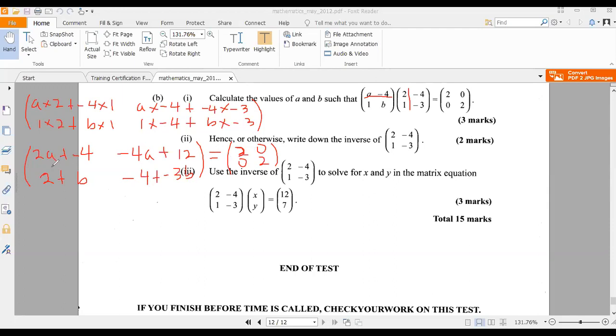So when we are doing equal matrices, remember you equate those entries in the same positions, right? This is the first one here, we equate it to the first one here. Everybody see that?